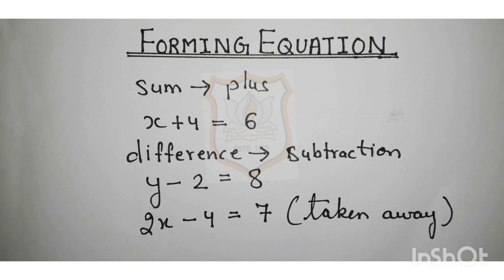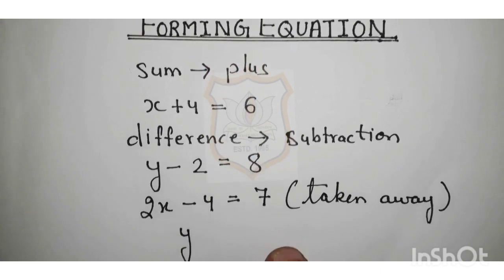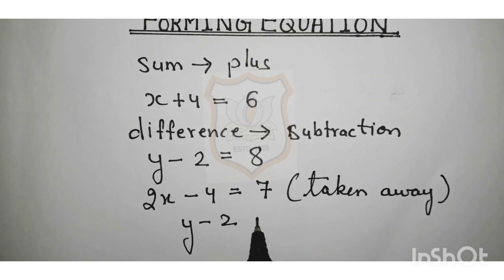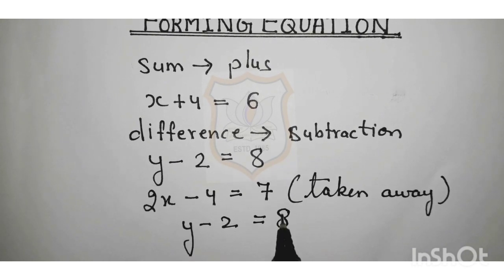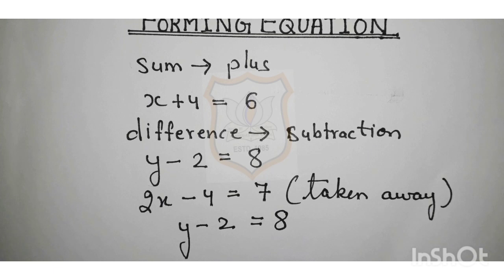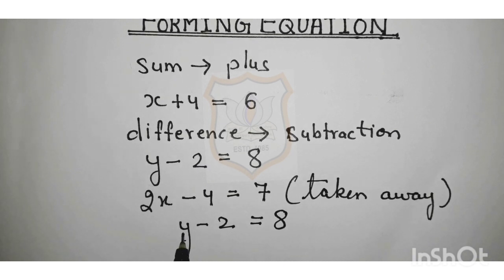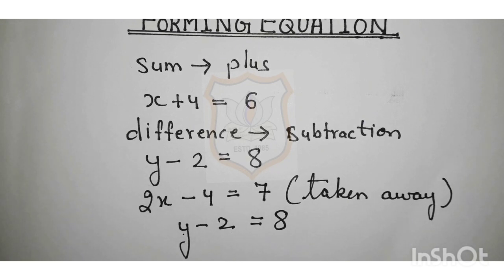Then how do we write it in the form of an equation? y minus 2 is equal to 8. Again I am repeating, if it is there that 2 is taken away from y, we will get 8, then the equation will be y minus 2 equal to 8. Taken away also means subtraction.